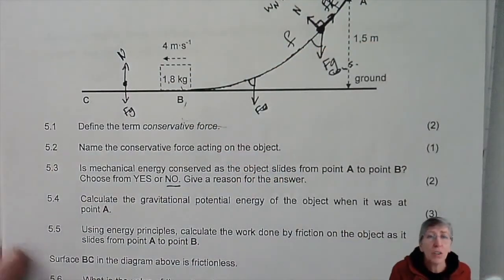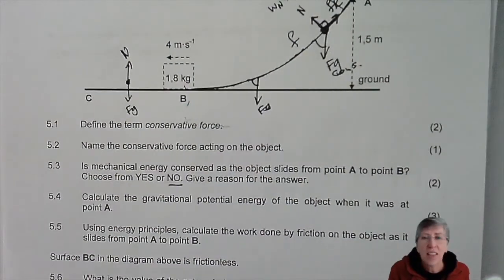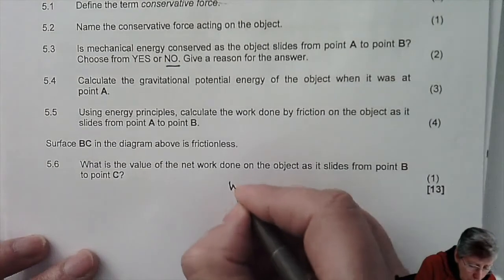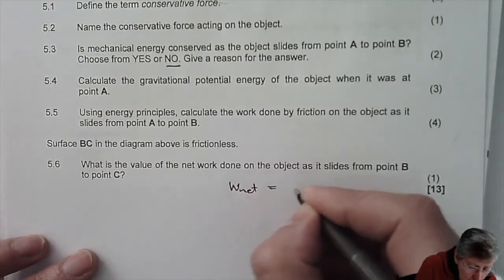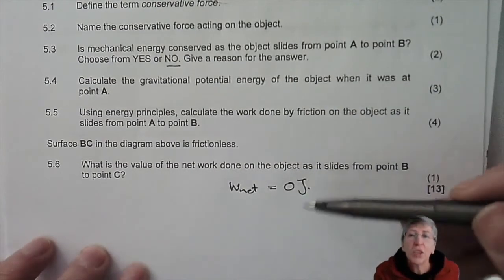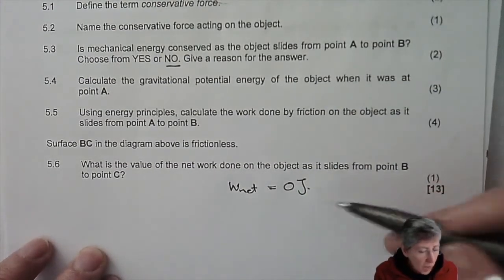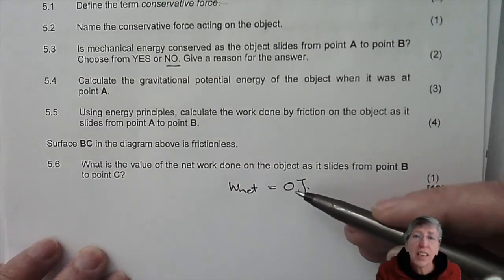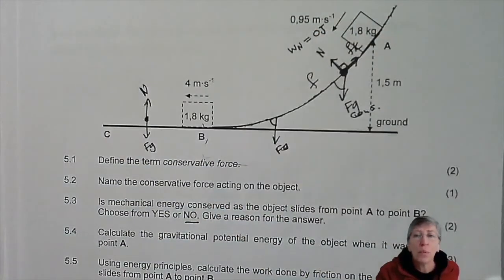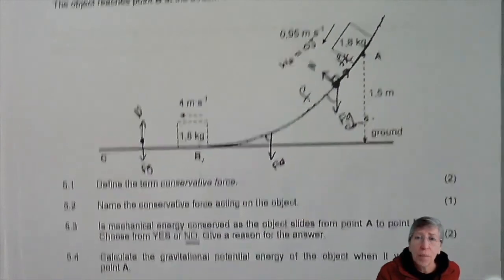So I can tell you they've got 90-degree angles and they are not doing work on this object. So the net work done on this object will be 0 joule. And that's why the kinetic energy will not change. Remember, the net work is equal to the changing kinetic energy. It will not change. It will continue with 4 meters per second in that direction.